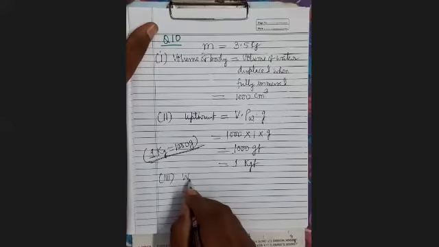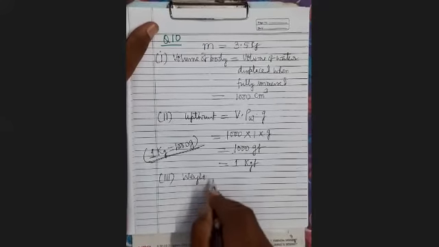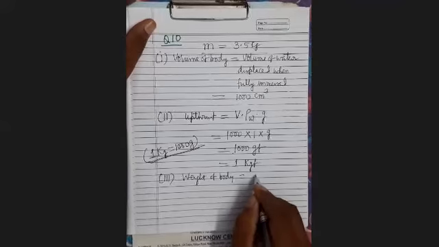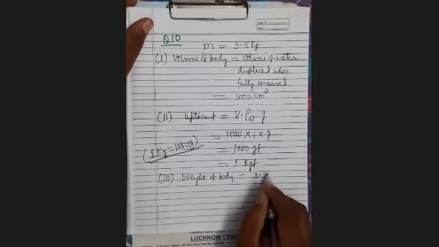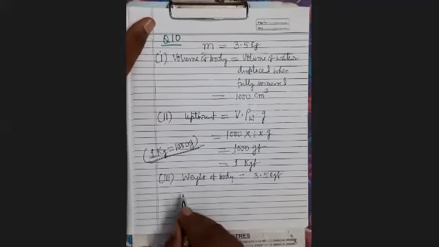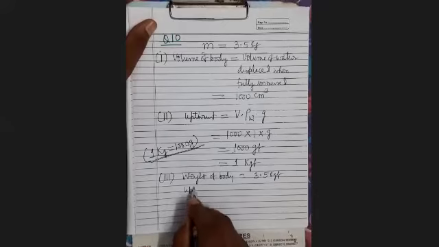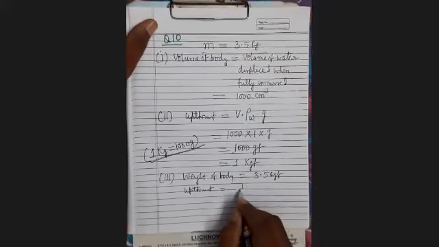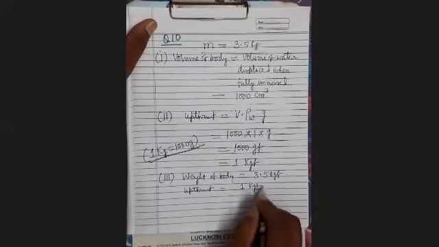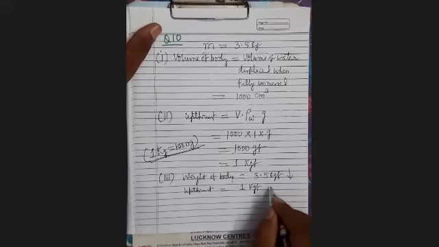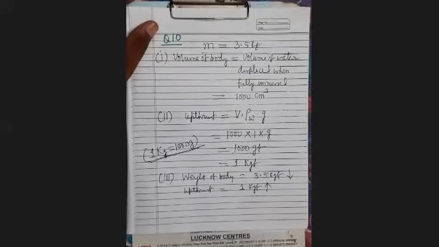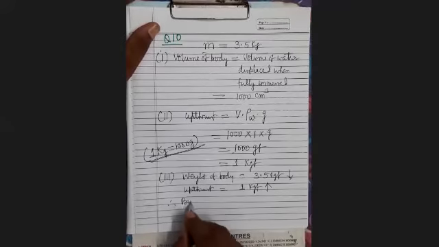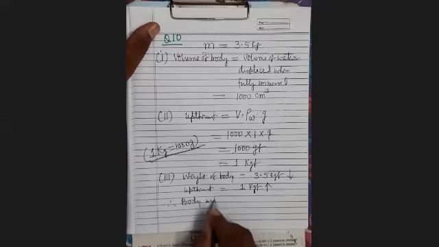Therefore, weight of body will be equal to 3.5 kgf. What is the upthrust here? Upthrust is 1 kgf. Which one is more? Weight is more, upthrust is less, therefore body will sink.